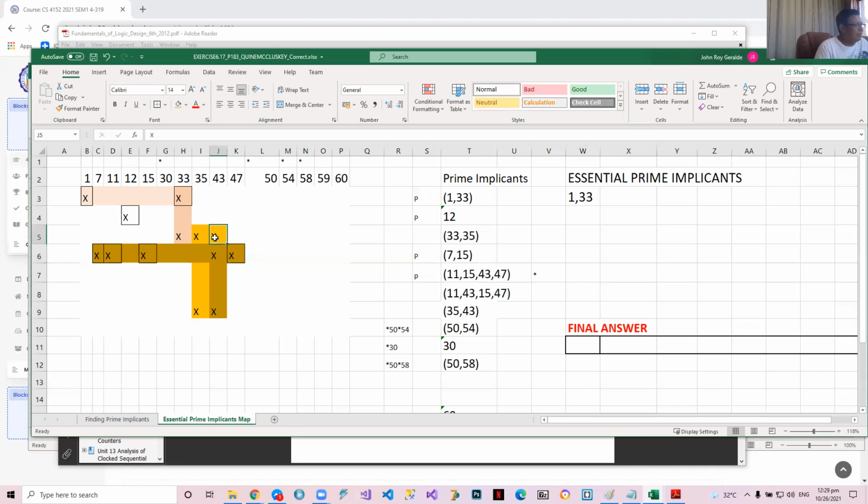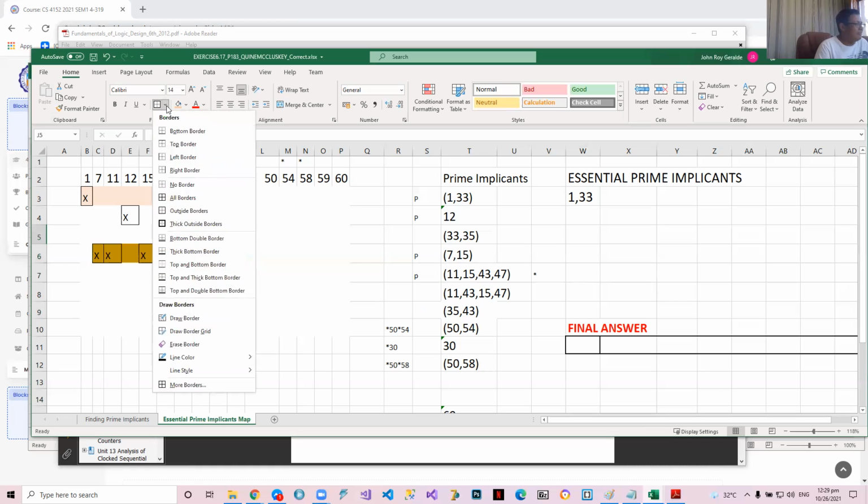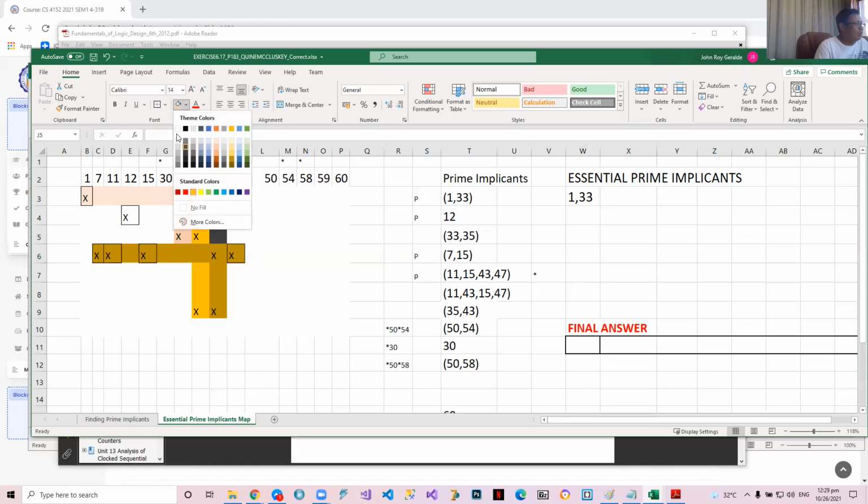Meron na pala tayo, dapat hindi ito X. Okay? We have 33, 35, so this should be white. Mali ang color ko, I'm sorry, no? Wala pala ito because this is the 33, 35, this is 35, 43. So if you consider this, matatamaan ito. Okay? We will remove 35, 43.